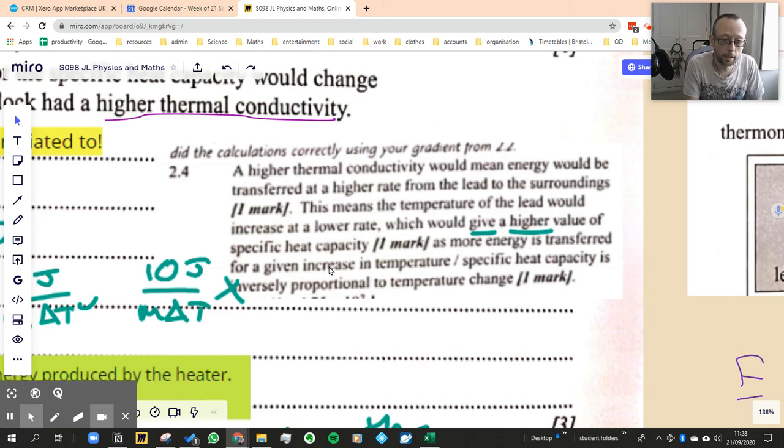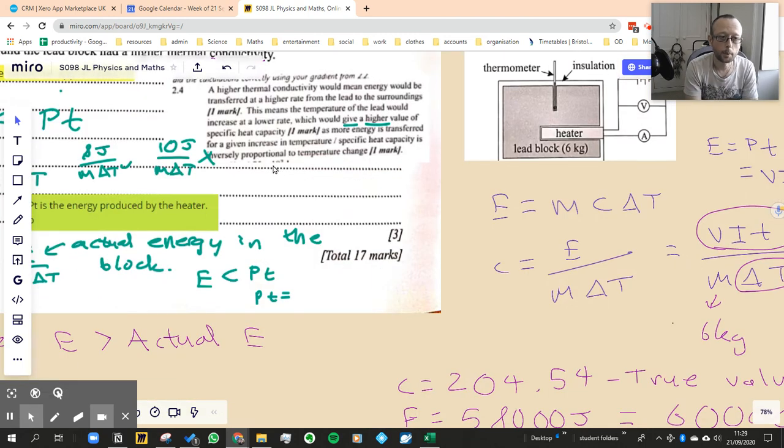So if we imagine that it's the same increase in temperature, then when we try to cause that same temperature change, what we're actually doing is losing some energy to the surroundings. So this last bit talks about how specific capacity is inversely proportional to temperature change. It's a bit of a weird way to phrase it in the answers, but essentially what it's saying is that if there weren't energy lost, then you would expect a larger temperature change.